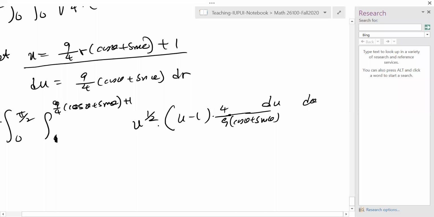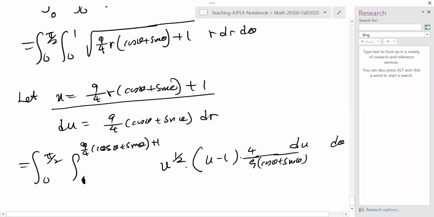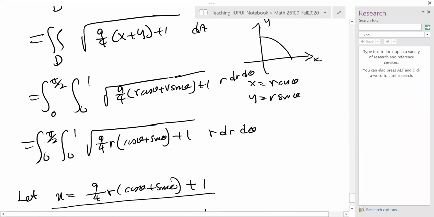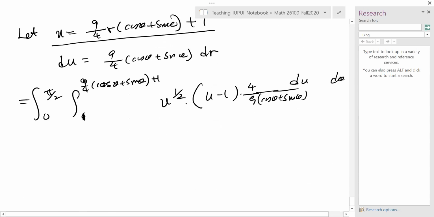So this polar coordinate leads to a very complicated integral, as you can see. Is there any other way you can try? Well, use the iterated integral. Maybe you can work it out. So we stop here.